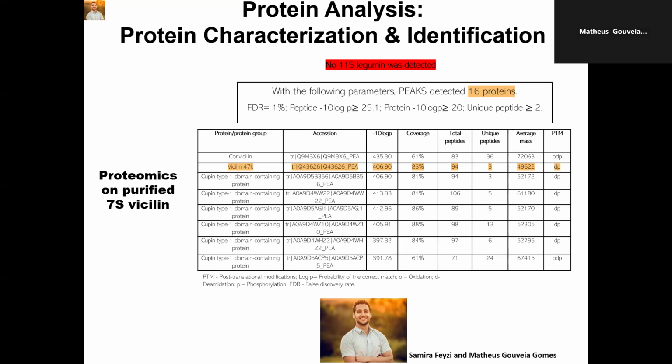So we achieved a pure standard. And now this guy is working on purifying legumin so that we can confirm that there's no vicilin in legumin. Then we will have our pure standard that we'll use to feed the FTIR and calibrate so that we can screen hundreds of lines. All right.